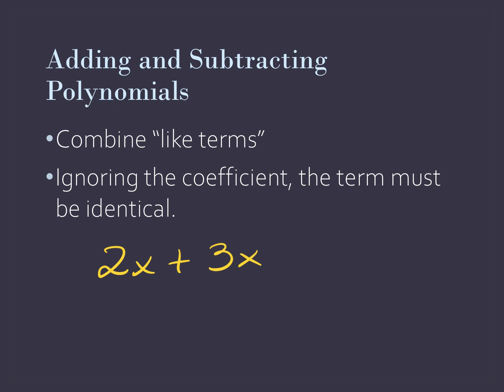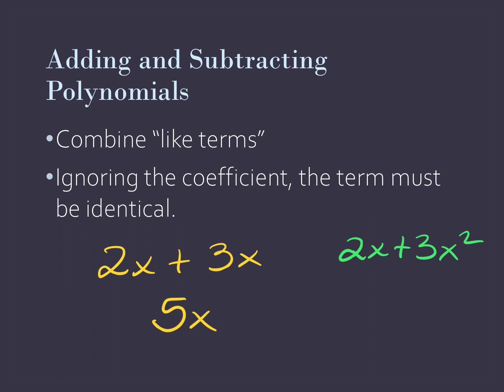These are like terms, so we can add those coefficients, and this gives us 5x. However, let's say we had 2x plus 3x squared. These are not like terms, and this expression would already be simplified.